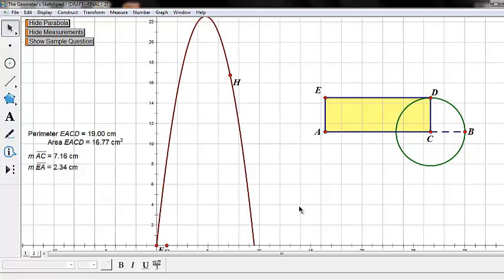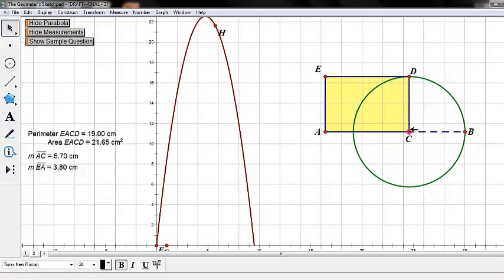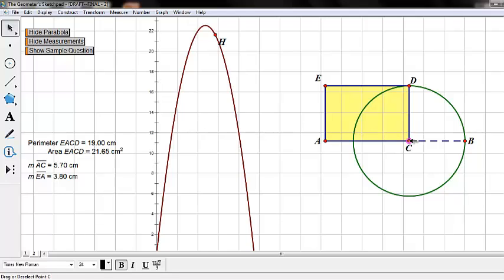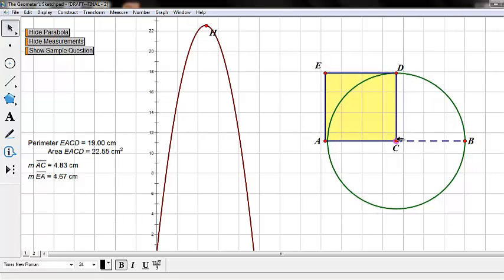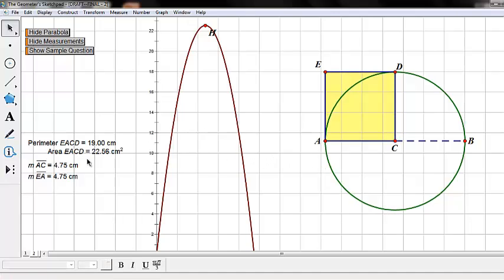So this illustration really visualizes this concept by showing that when the area of rectangle AECD is at its largest, point H is at the top of the parabola, which is the vertex, and the tangent slope would be 0. We're almost there, there we are. This is the maximum area of the rectangle.